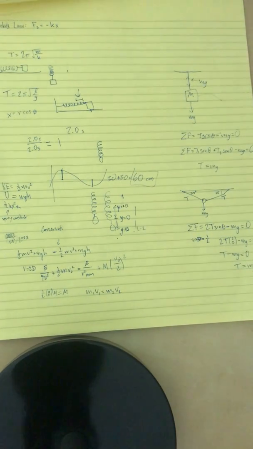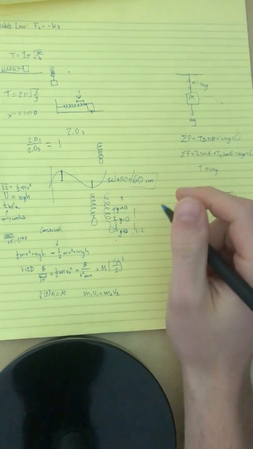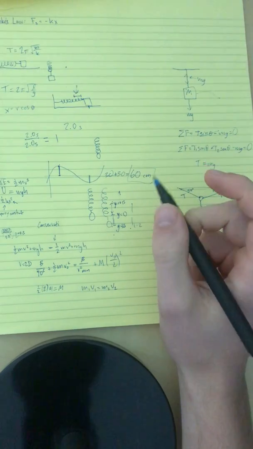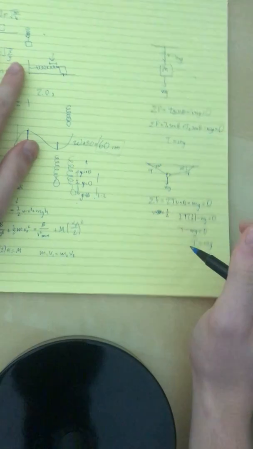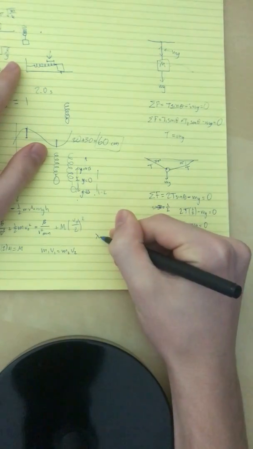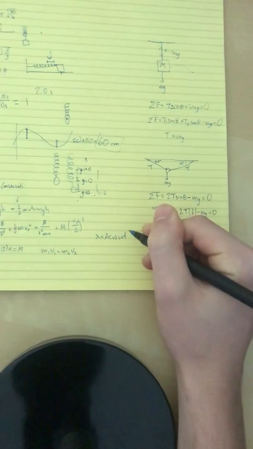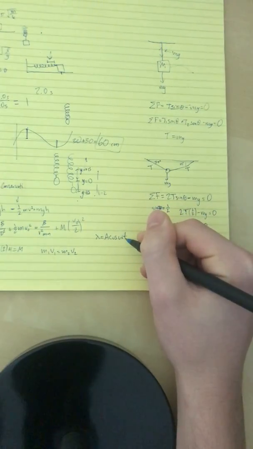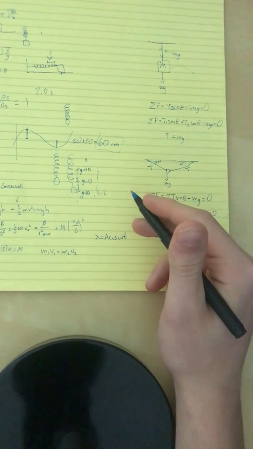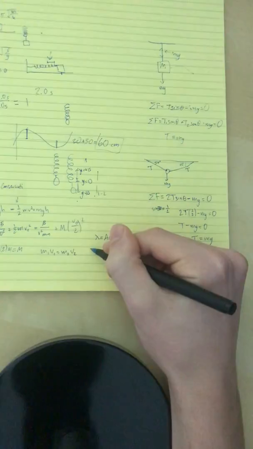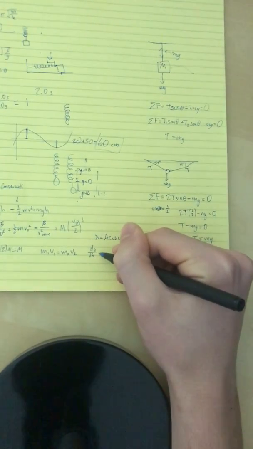And now I want to talk about velocity and acceleration for simple harmonic motion. So we have the position function, as you can see, x = A cos(ωt), where ω is the angular velocity. Then we can derive it by just taking the derivative with respect to time, dx/dt.